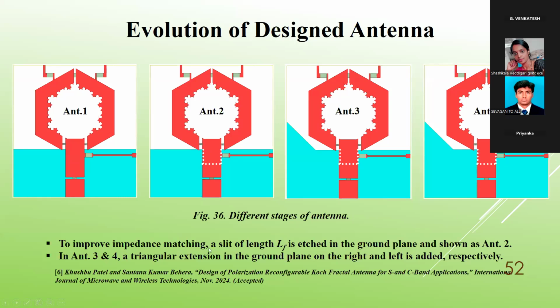So to improve the impedance matching, a slit of length LF is etched in the ground plane and shown in antenna 2. This is a slit. And in antenna 3 and 4, a triangular extension in the ground plane on the right and left is added respectively. This is published in the Journal of Microwave and Wireless Technologies recently.